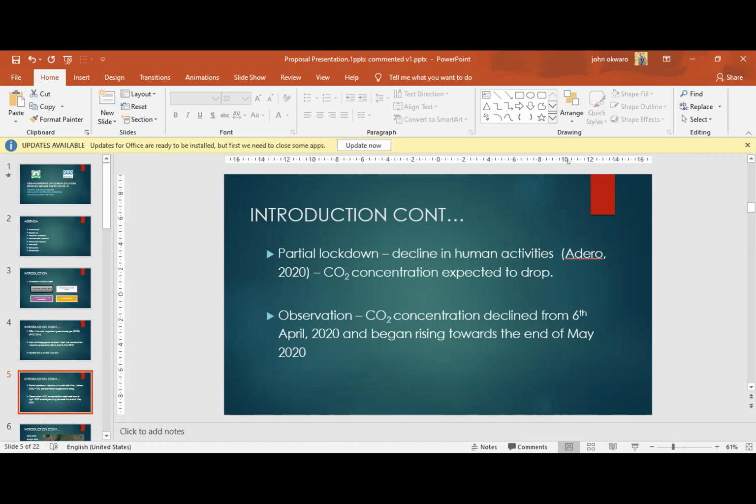So the observation declined from this point, which means that there was an increase in human activities again, and therefore an increase in carbon dioxide concentration.